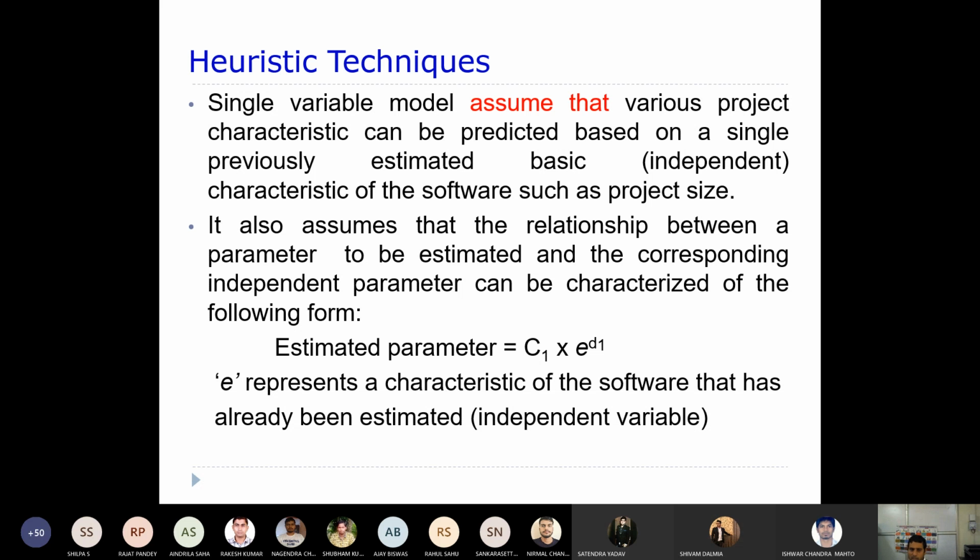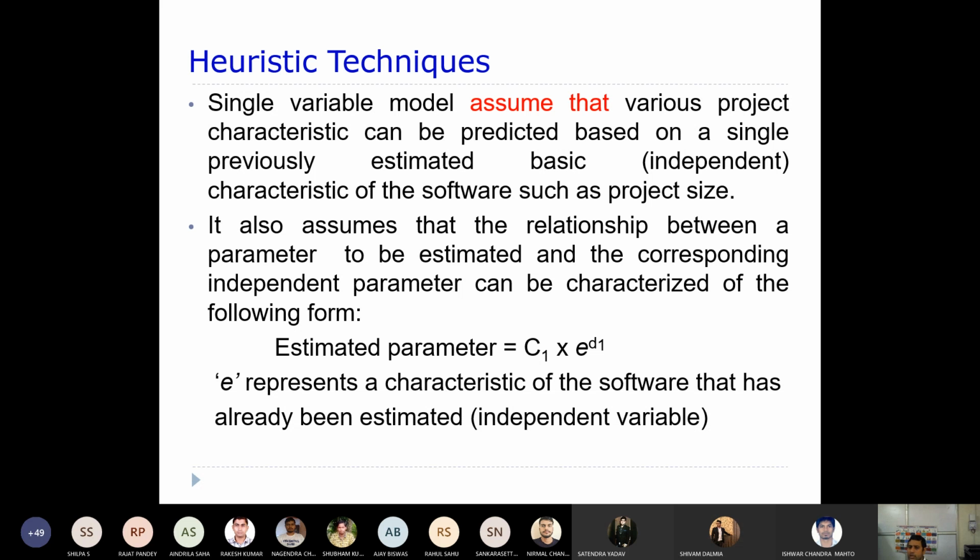E represents the independent variable, the KLOC, since we know the project size is in KLOC. Then you can always estimate the other parameter, which may be effort or duration, based on an already estimated independent variable.